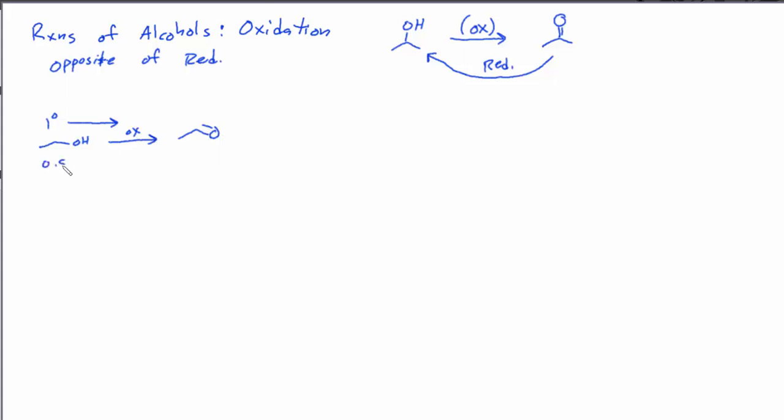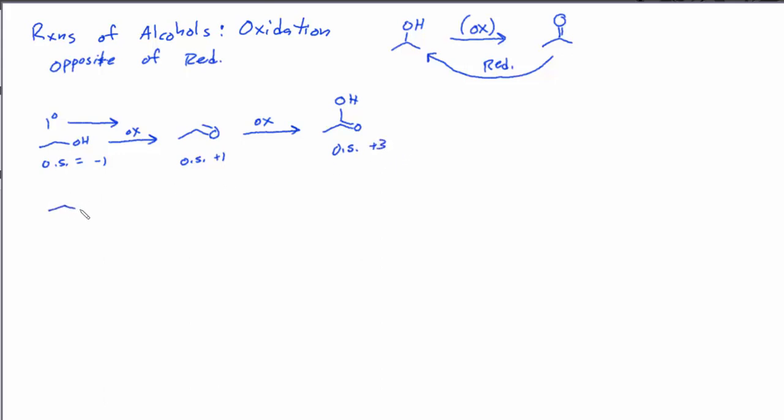The oxidation state is -1, and now the oxidation state is +1, so you see that we've increased the oxidation number, and we can oxidize aldehydes further to carboxylic acids, where we essentially add an O. So oxidation can be thought of as losing hydrogens or adding oxygen. And we see here as we go from an aldehyde to a carboxylic acid, we've added an oxygen, and the oxidation state here is +3.